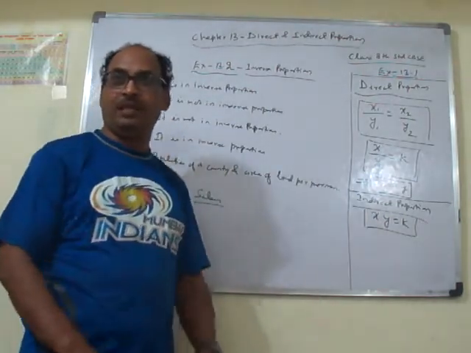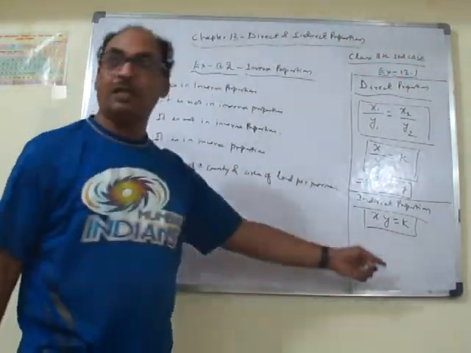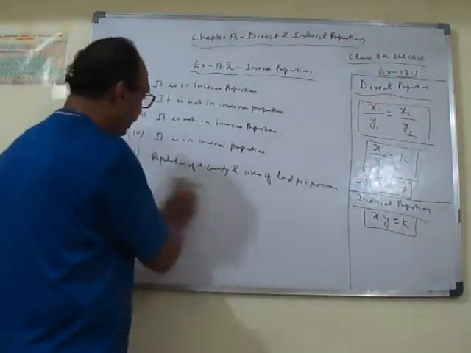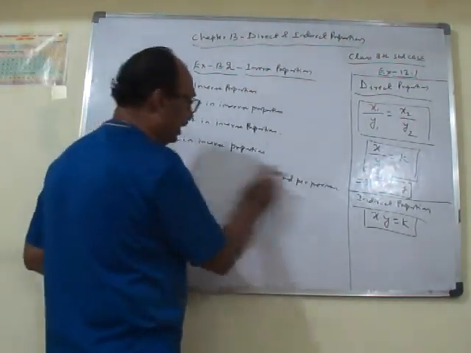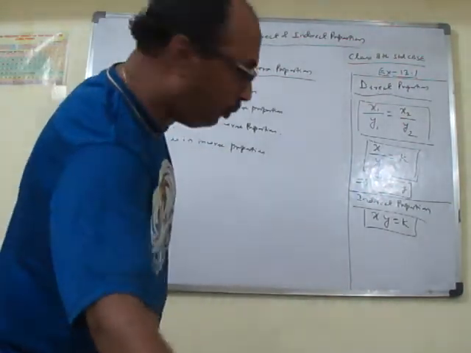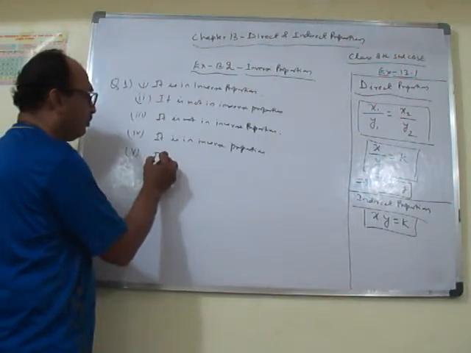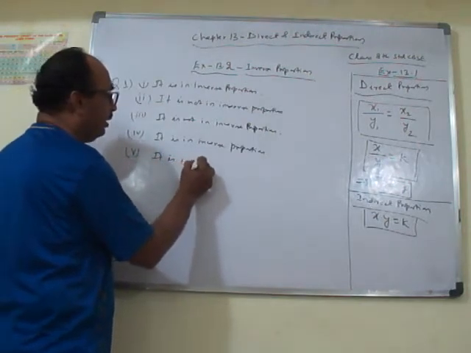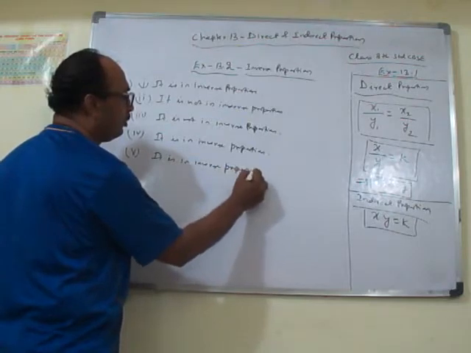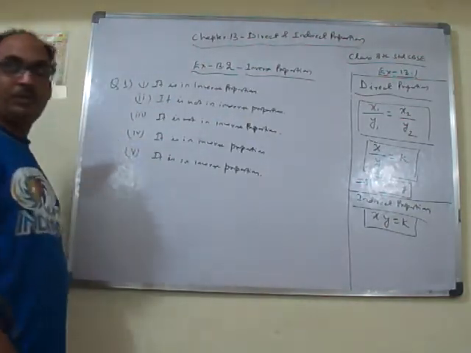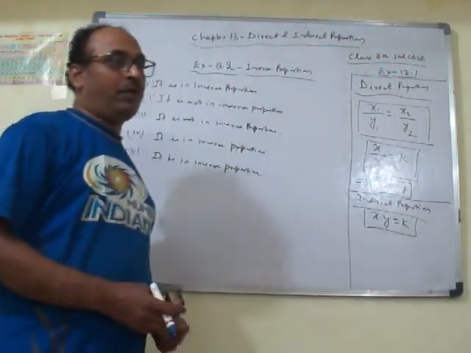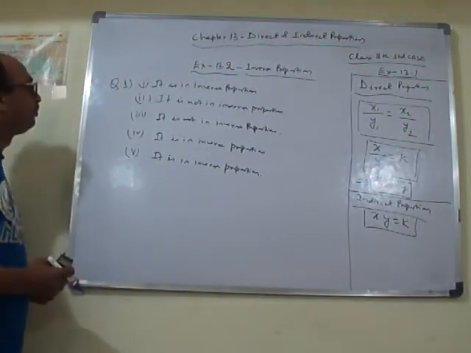Indirect relation, inverse proportion. So the population and area of land per person are in inverse proportion. Right. Let us go for question number 2.